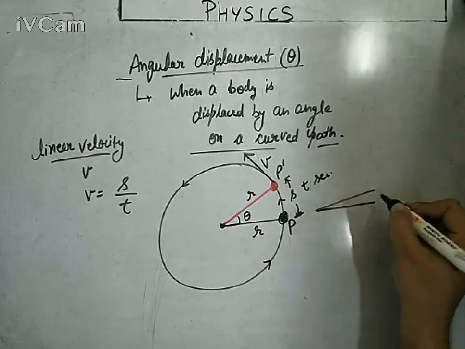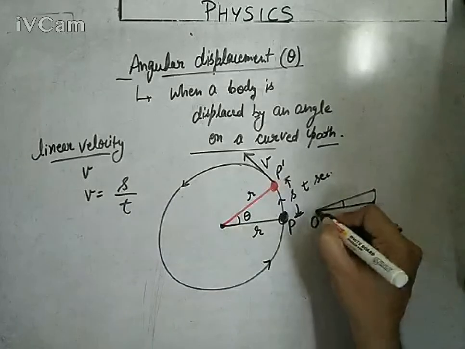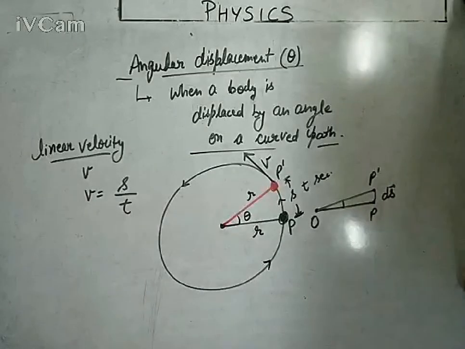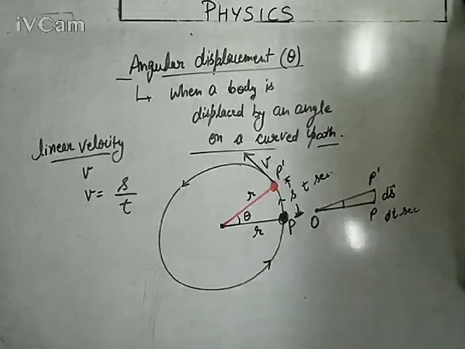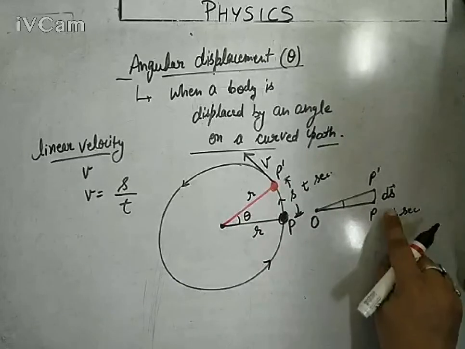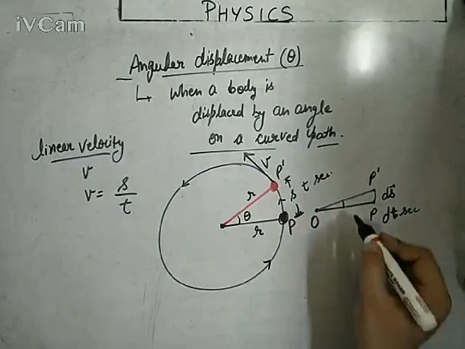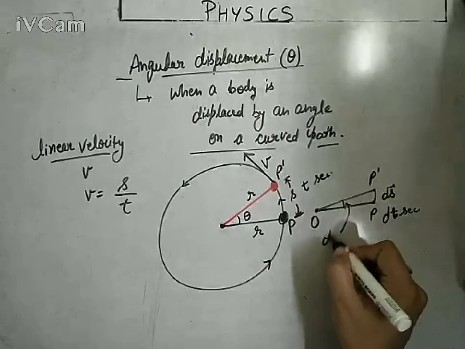So if we are talking about a very small displacement, let's say O, P, P dash, the small displacement is ds vector, within a small interval of time dt seconds. Calculus, we have discussed it already. And the small angular displacement is represented by d theta.